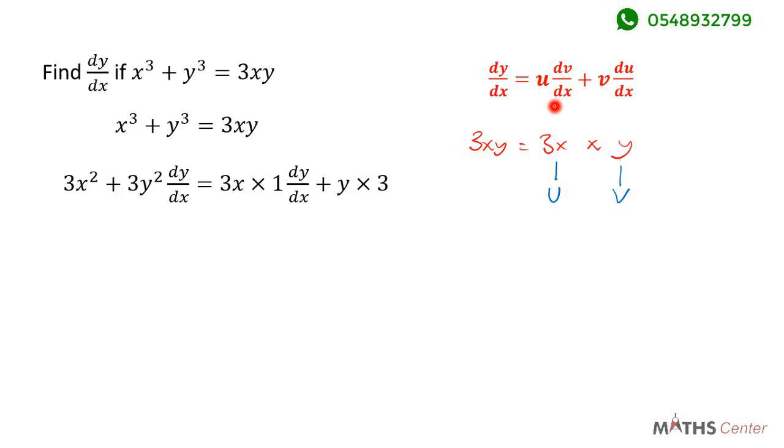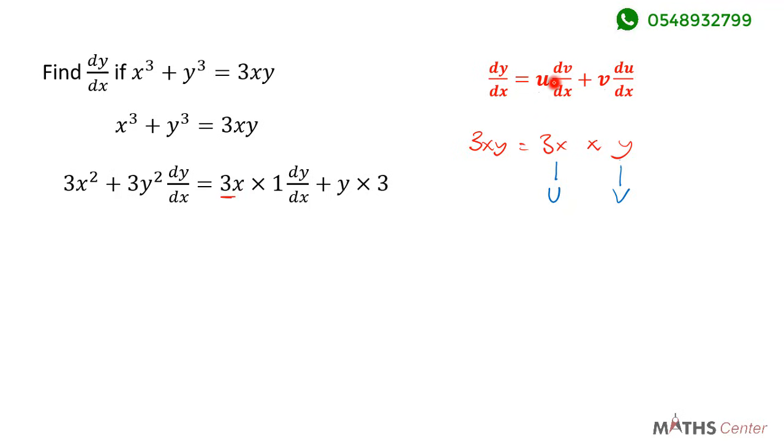From the product rule, we know that it is u dv dx plus v du dx. So you keep the first one, which is u, you differentiate the second one, which is v. Then plus, you keep the second one, which is v, you differentiate the first one, which is u. So the u here is 3x. That's what we have here.